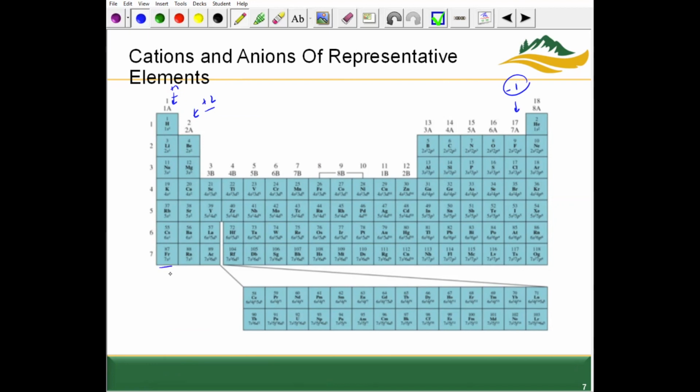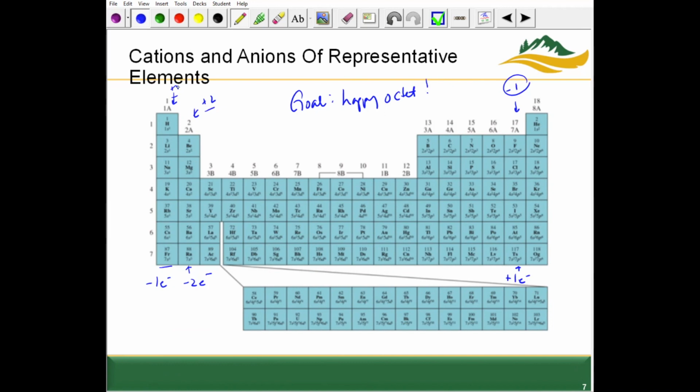To become +1, it means they are losing 1 electron. To become +2, they are losing 2 electrons. To become -1, they are gaining 1 electron. The goal for all of these is to have a happy complete octet with 8 electrons in their outermost shell.